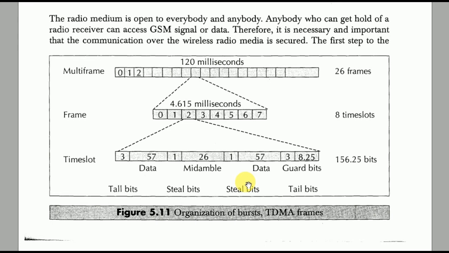Then the next bit is the steal bit. Only one bit is present. This bit helps the base station distinguish whether the coded data is control or actual information.